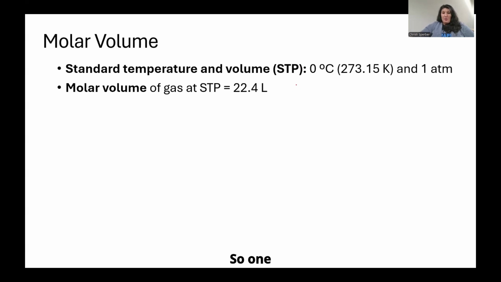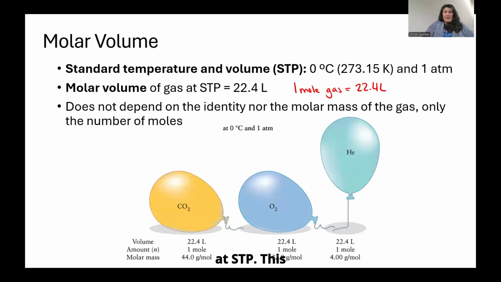So 1 mole of a gas is equal to 22.4 liters at STP. This does not depend on the identity nor the molar mass of the gas, only the number of moles. So 1 mole of carbon dioxide, 1 mole of oxygen, 1 mole of helium all have the same volume at standard temperature and pressure.